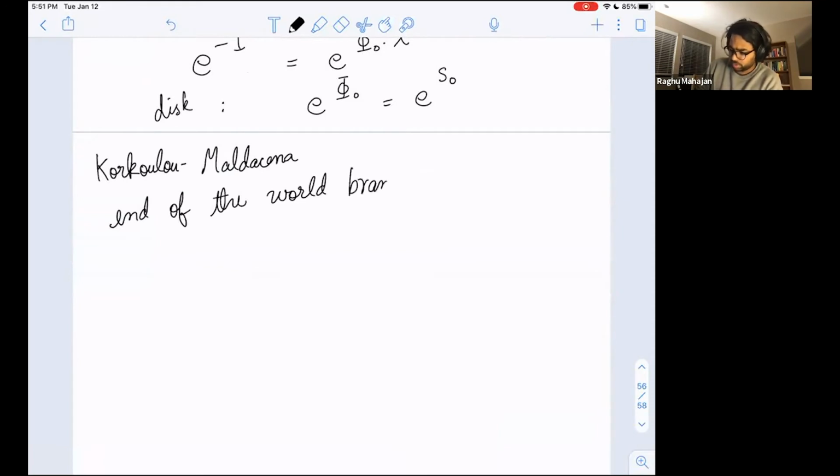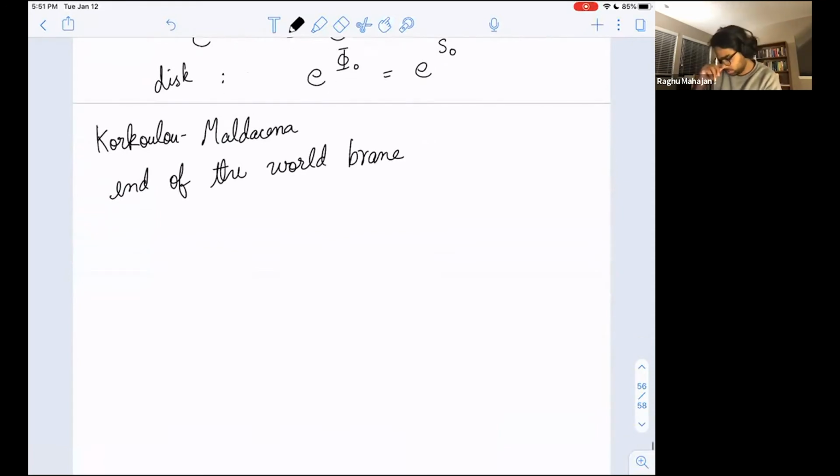So what is an end of the world brane? It's very simple. Usually, we would have some black hole here, and we would have a horizon. And usually on the other side, the space-time would go on to some other asymptotic boundary.